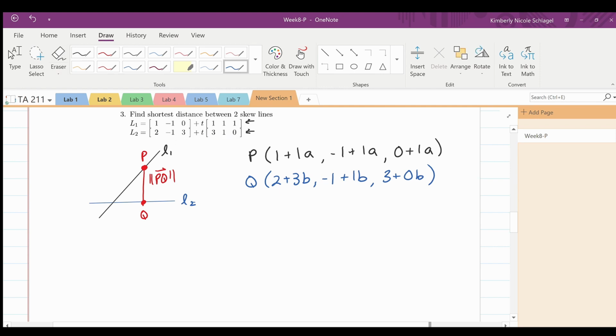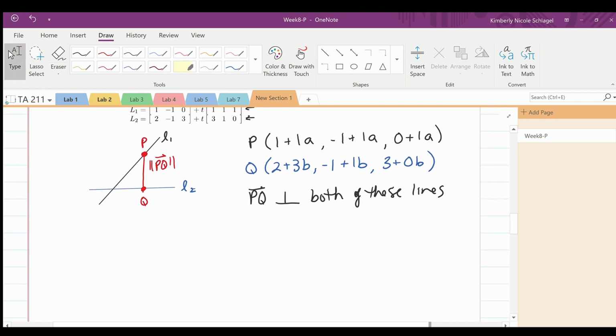I know that PQ is perpendicular to both of these lines that I was given. So I'm going to figure out what PQ is right now. It's the same sort of thing that we've been doing all along.